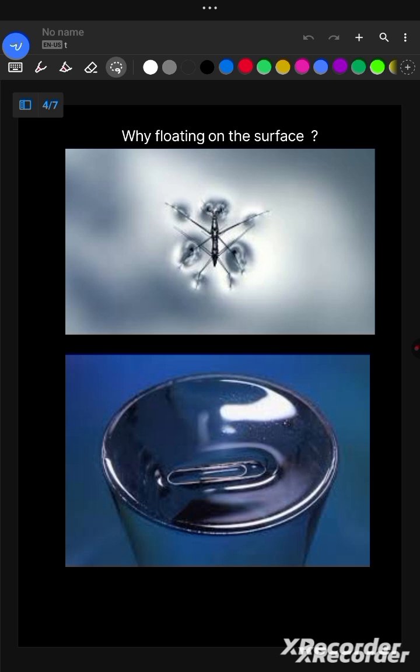Instead of placing it carefully, if we simply drop it, the pin will have enough kinetic energy to break the neighboring force of attraction on the surface of the water, and it will eventually sink. So if we just drop the pin, it has enough energy to break the surface molecules' force of attraction.